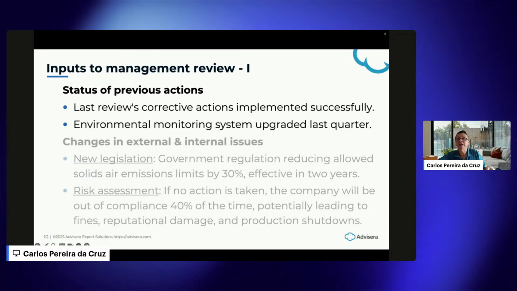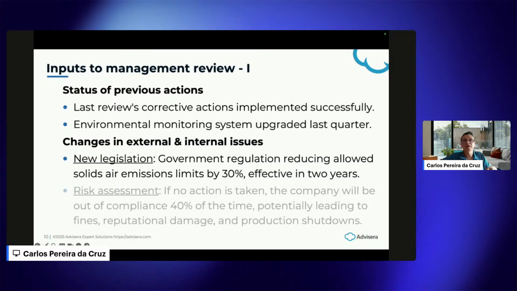Now let's see the example of an input context. A new legislation is coming: government regulation reducing allowed solid air emission limits by 30%, effective in 2 years. So this is what is coming.